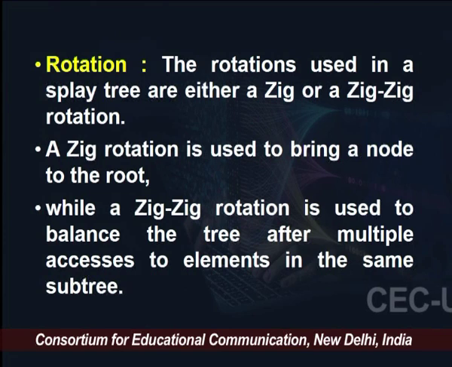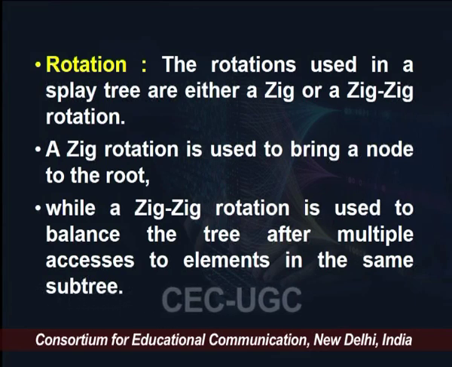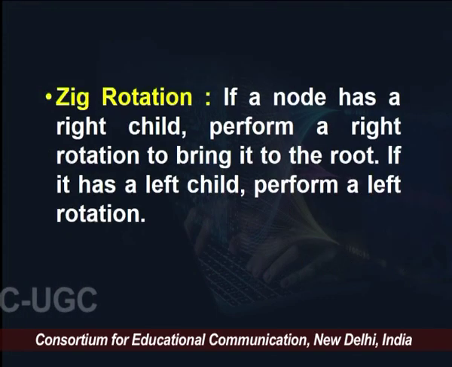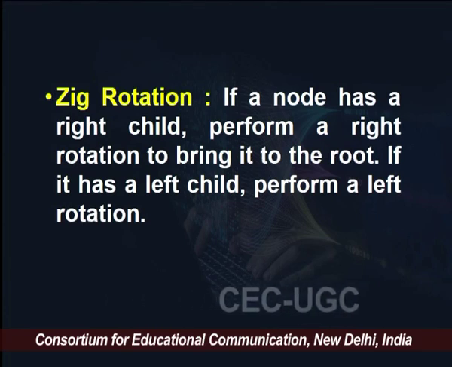So if it is a single zig rotation, we are bringing a node to the root. If it is a zig-zag rotation, we are balancing the tree after multiple accesses to elements in the same subtree. First of all, let us try to understand these terms separately.